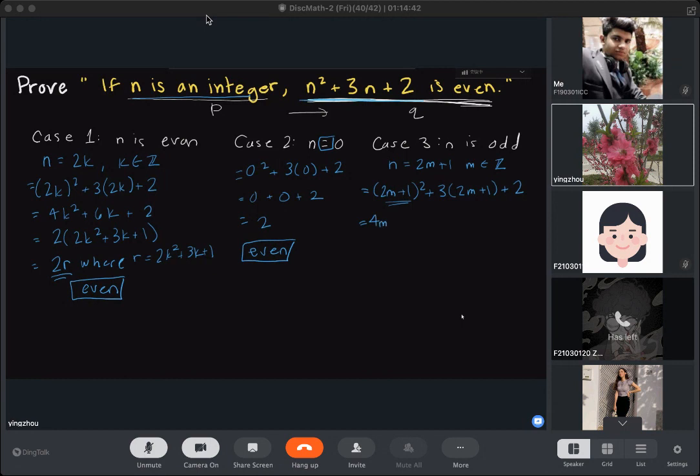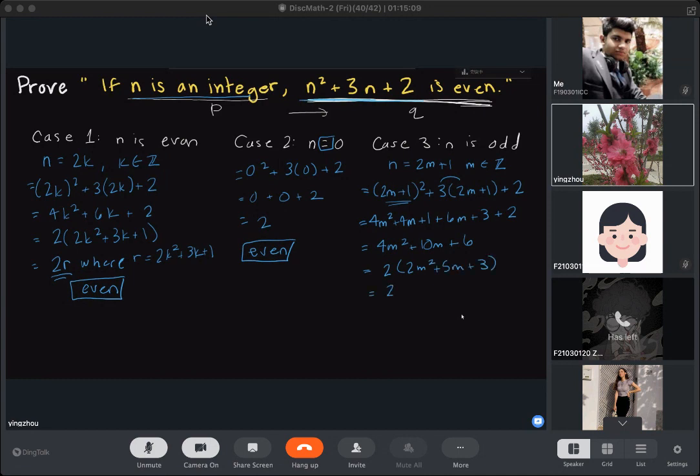So that gives me 4m squared plus 4m plus 1. And then I'm distributing the 3, so that's 6m plus 3, and I still have the plus 2. And then I'm simplifying to get 4m squared plus 10m plus 6. And then I can take a 2 out of everything to get 2 times (2m squared plus 5m plus 3).